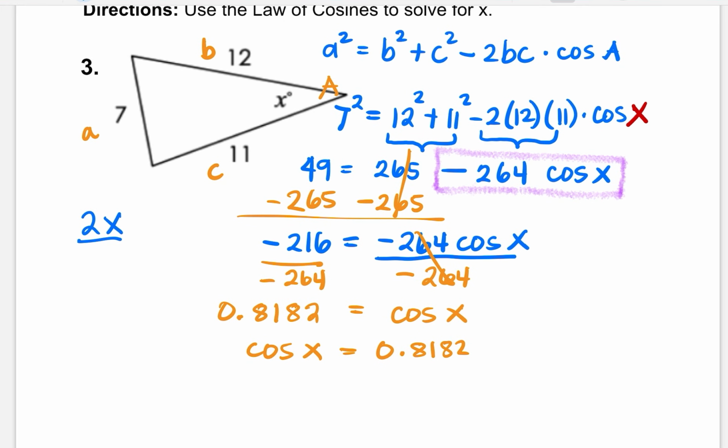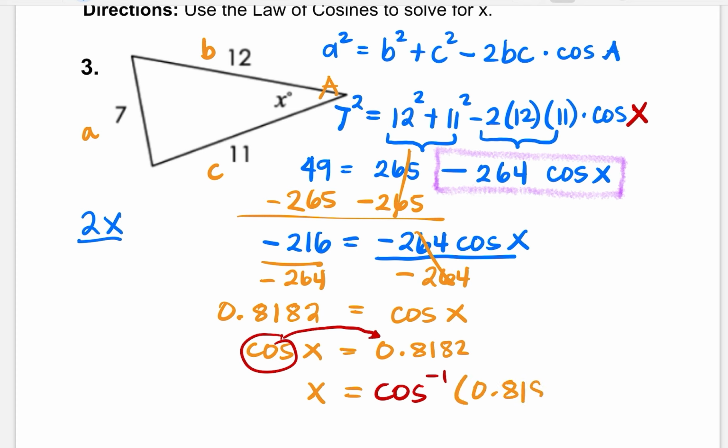So remember, we're trying to find the value of x, and x is an angle. So we're going to take the inverse of cosine. So we will have x equals inverse cosine, we're moving cosine over to the other side because we're finding the value of x. So inverse cosine, we drop the number that we have, 0.8182.